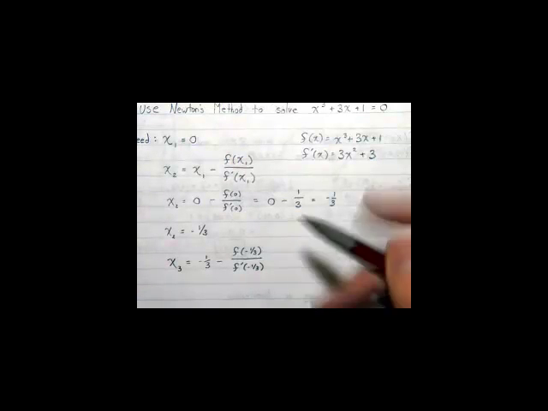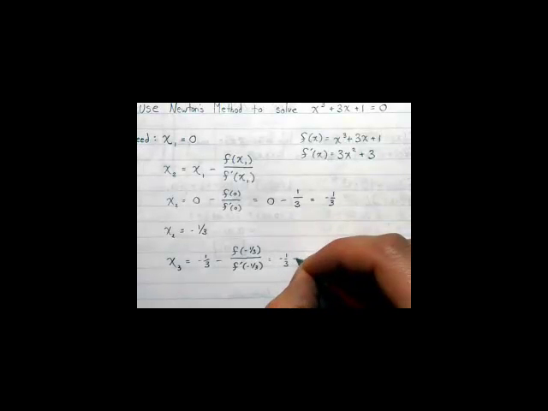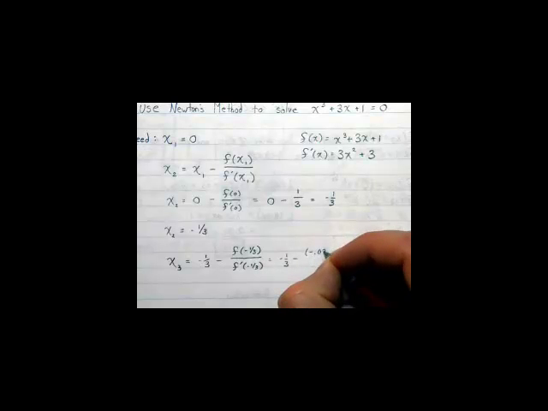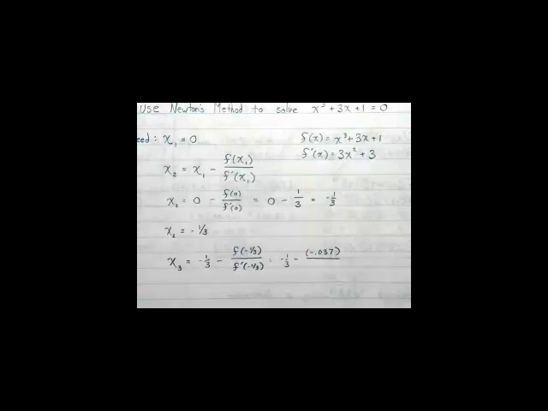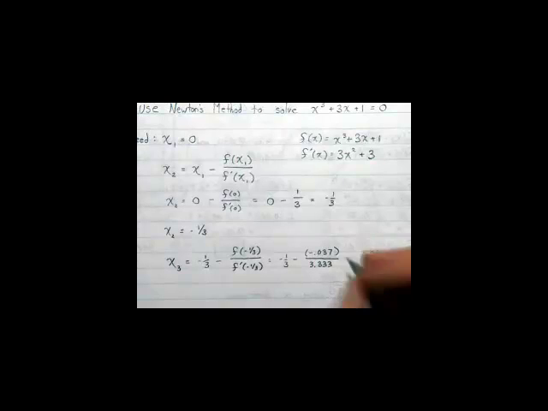So we're getting here negative 1/3 minus negative 0.037, and then f prime of negative 1/3, 3 times negative 1/3 squared plus 3. That is 3.333. All right. We'll come back to that tomorrow.